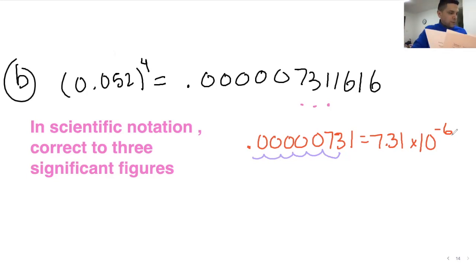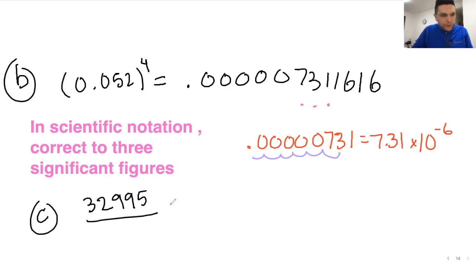Lastly, all right, if you're following my class, I want you to try C and D. Again, these are very simple exercises. C, correct to the nearest integer: 32,995 divided by 35.9 times 0.017.